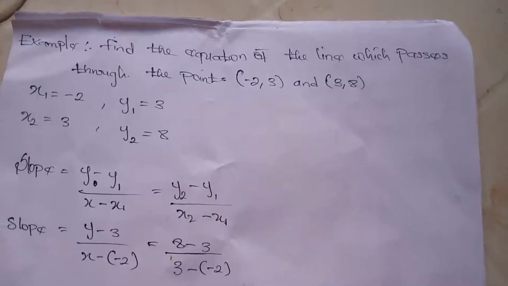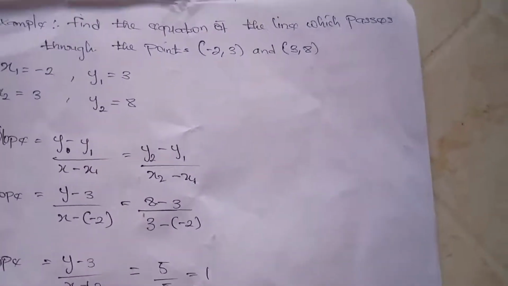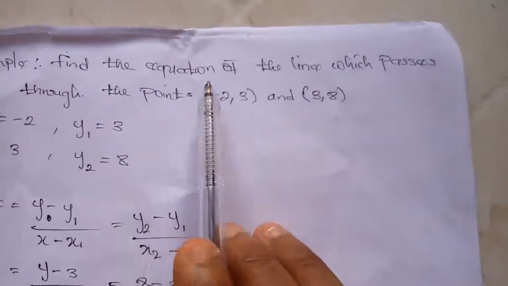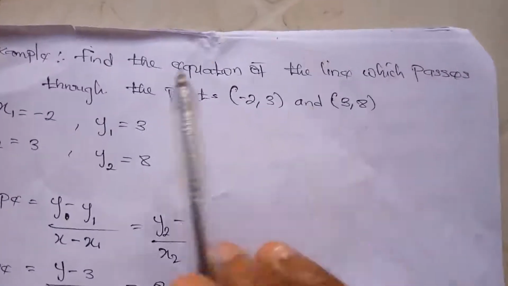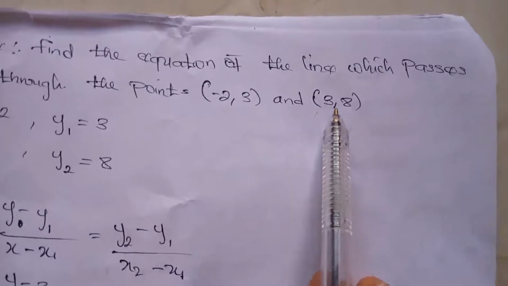So now, this is the next example for possibility 3. Find the equation of a line which passes through the points minus 2 and 3, and 3 and 8.